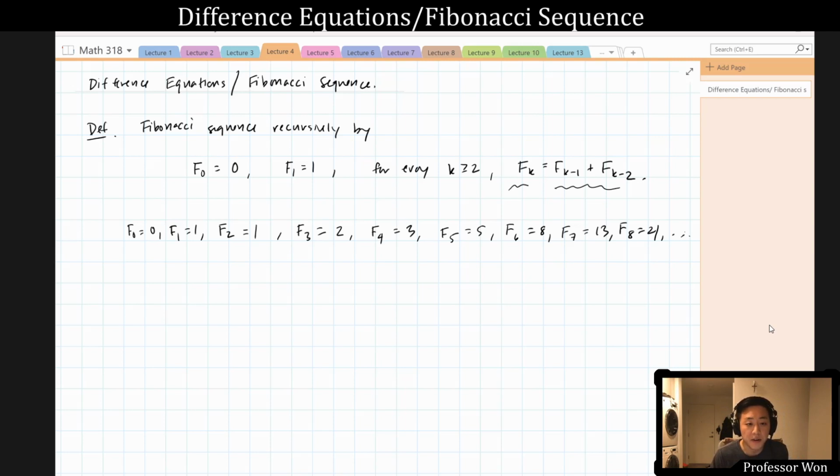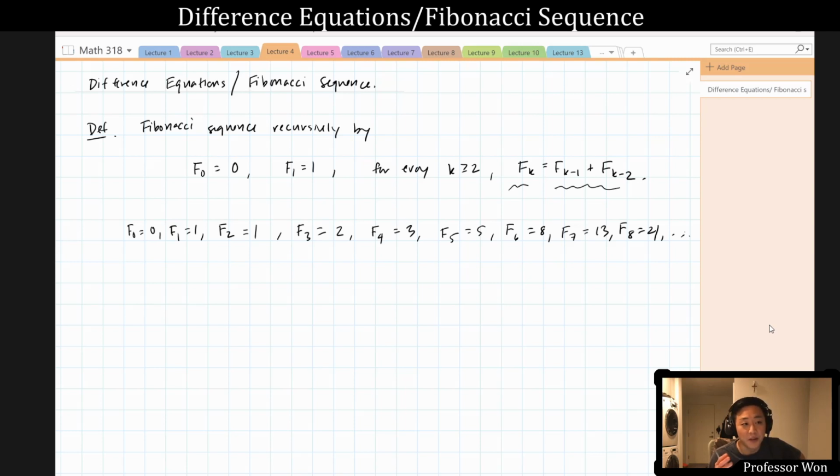Okay, and the Fibonacci sequence arises very frequently in nature because it's defined by such a simple formula, right? So if you are talking about the number of rabbits in a field, which I think is Fibonacci's original motivation, you start with one pair of rabbits in a field.